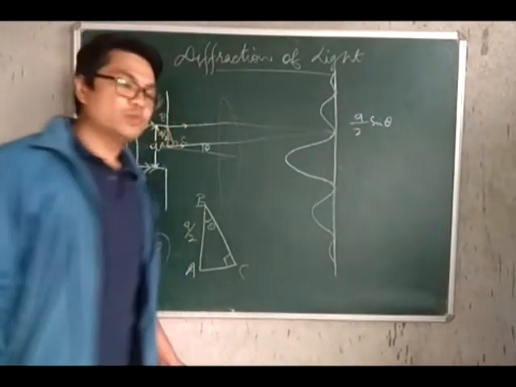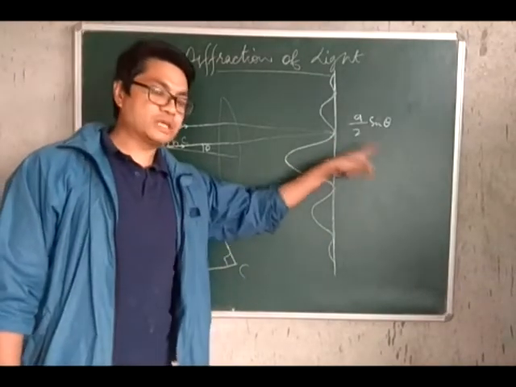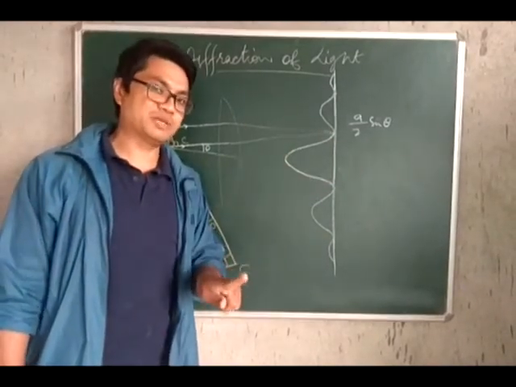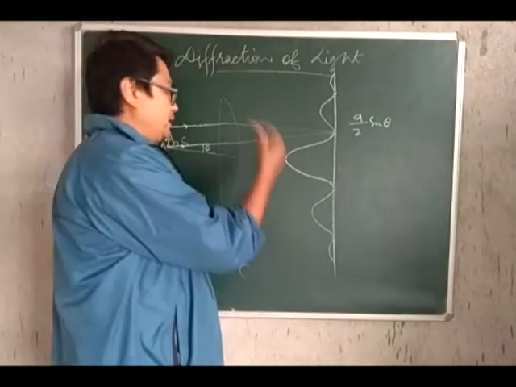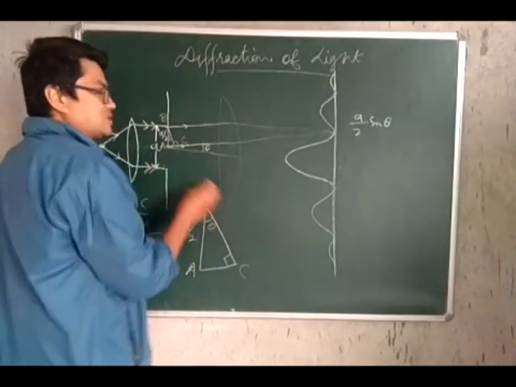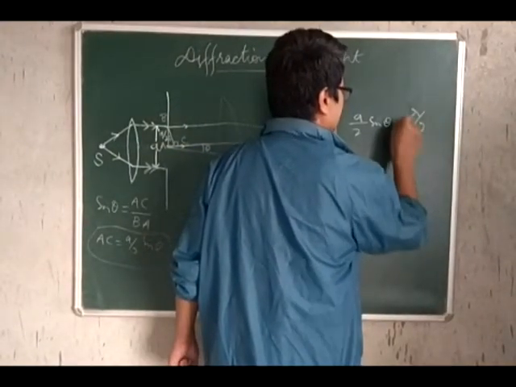Now we know from the condition for dark fringe that if the path difference is an odd number multiple of lambda by 2, we get a dark fringe. If the path difference between these two rays of light is lambda by 2, it should be a dark fringe.